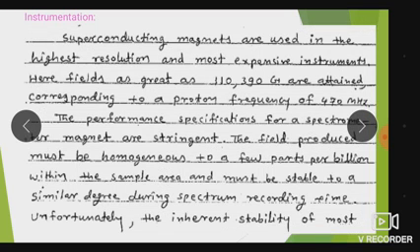Superconducting magnets are used in the highest resolution and most expensive instruments. Here fields as great as 110,390 gauss are attained, corresponding to proton frequencies of 470 megahertz.